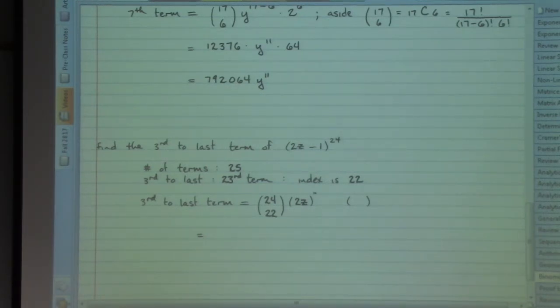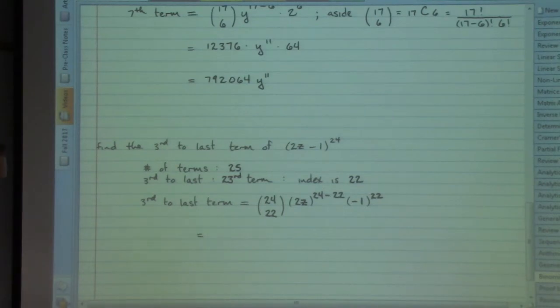It would begin with the full power of 24, and then we would subtract off our index. So 24 minus, well, our index is 22. Because this binomial has a minus in the middle, the second term of our binomial itself is a negative 1. And the power for that second piece is the same as the index, so that's a 22.